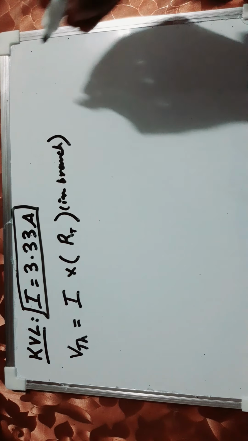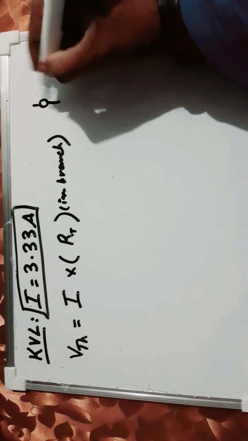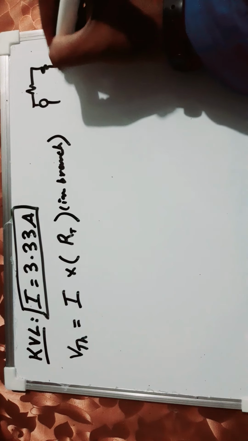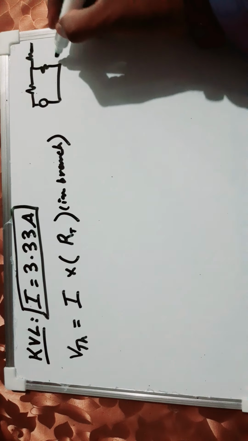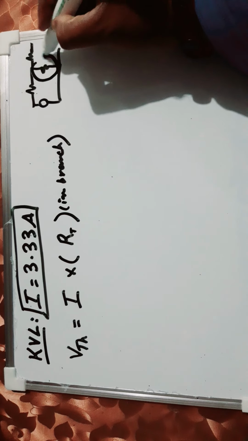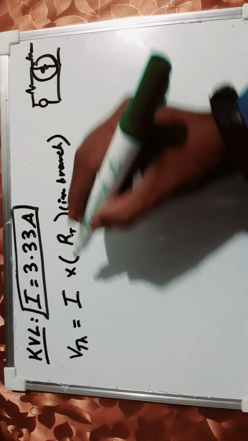Total resistance in which branch? This was our circuit. This was one resistance, this was second resistance, this was third resistance. So the total resistance in this branch, the value we will write here.